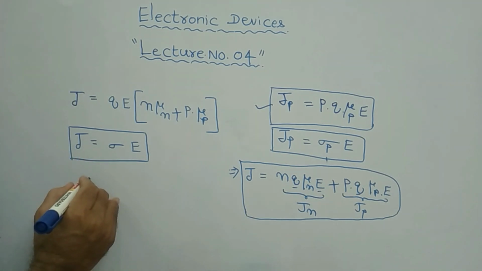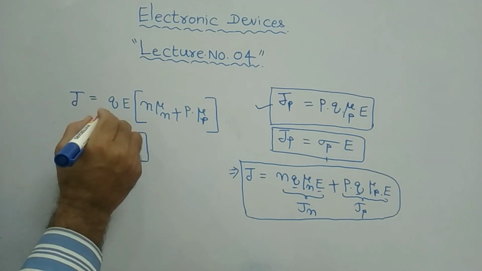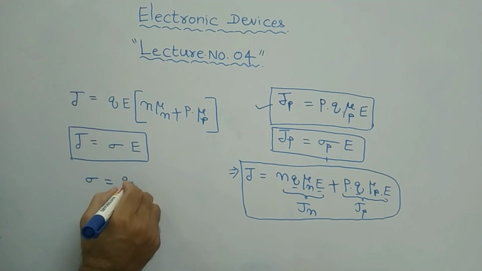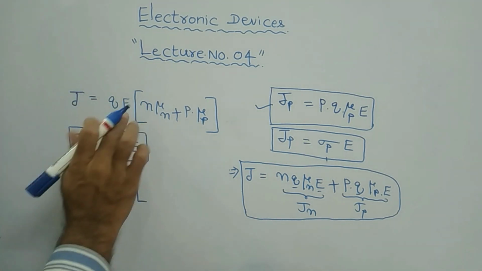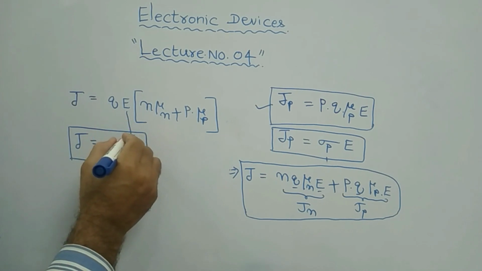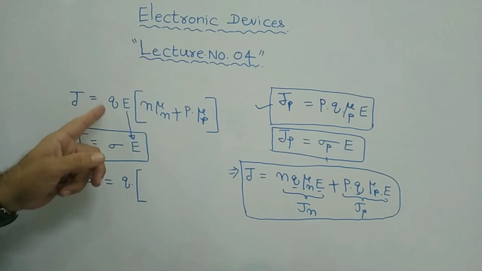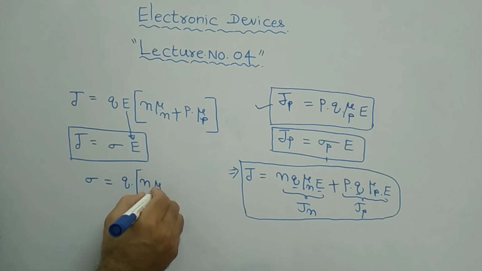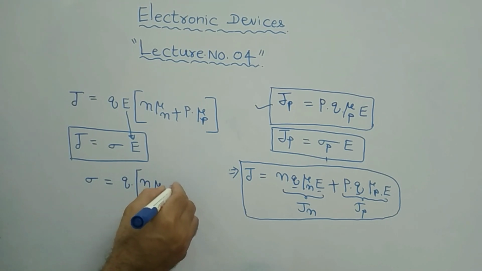Therefore, what is sigma here? E is already there, so other than E, the rest is q into the remaining part: n into mu n plus p into mu p.